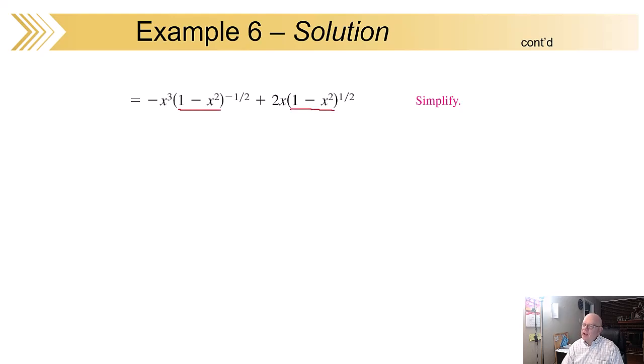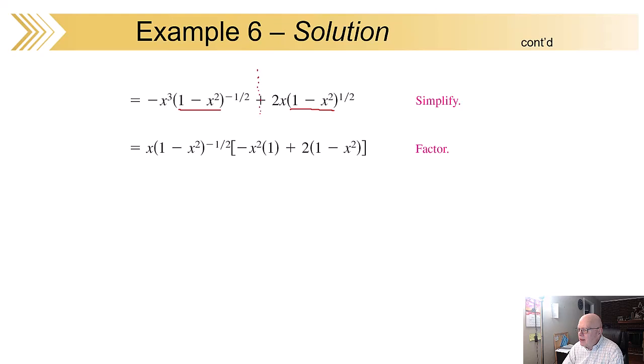Now here's a challenge for you. I'm not going to do this. Let's see if you can get from here to here. I'll give you a couple of tips. One, notice that, well, first of all, you've got two terms separated by that plus.